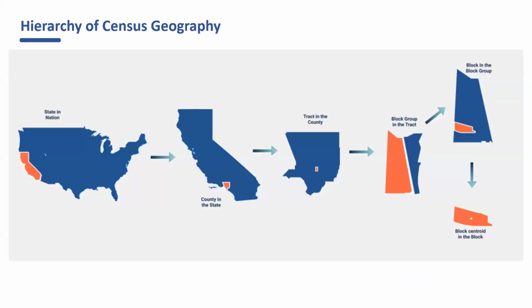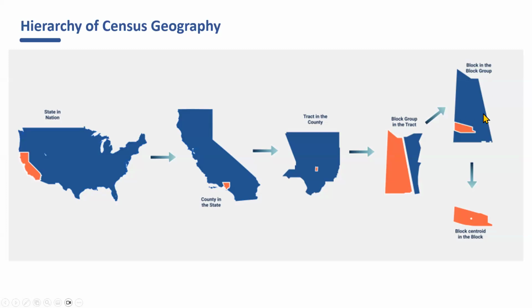All right, so I want to provide you another snapshot of our geography just to show you how these various entities nest within one another. I know the arrows are going left to right, but for me at least, it's easier if we go from the smallest level of geography to the largest. So here you can see the census block, and how that census block would nest within a block group.